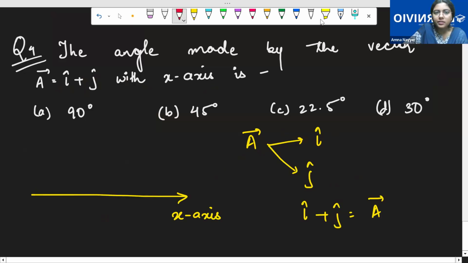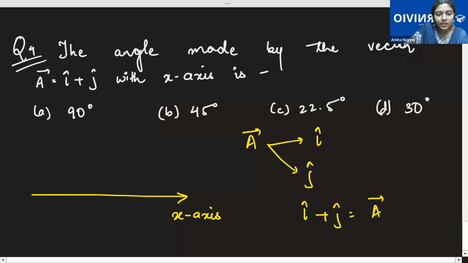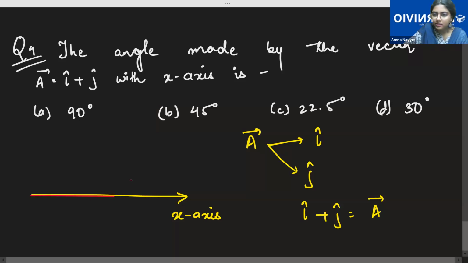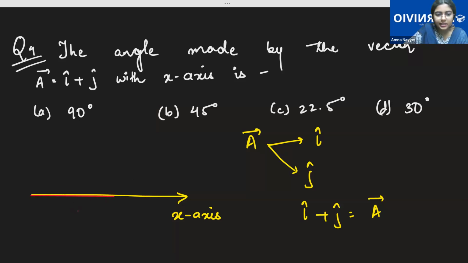Now see, let me mark. I cap means x-axis. Let's say this is my I cap component, and this will be the j cap, the y-axis component.